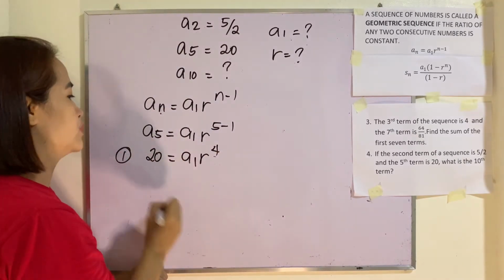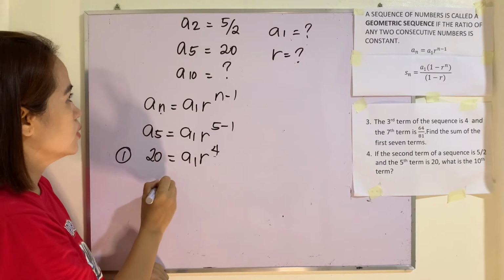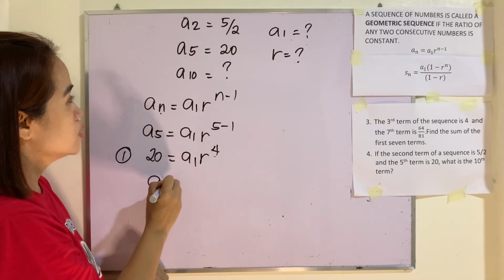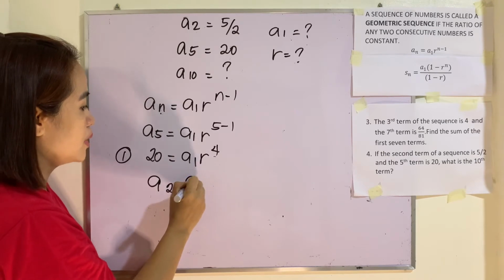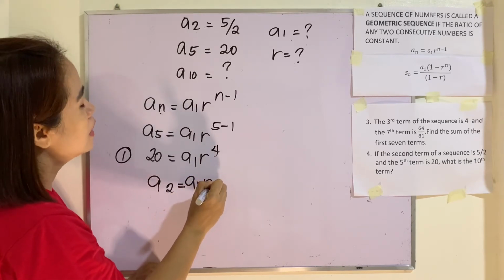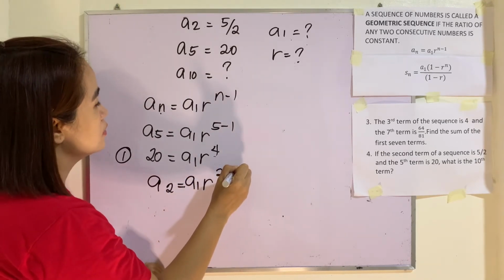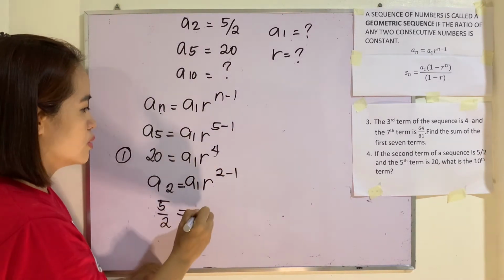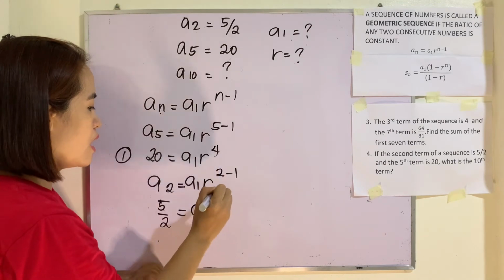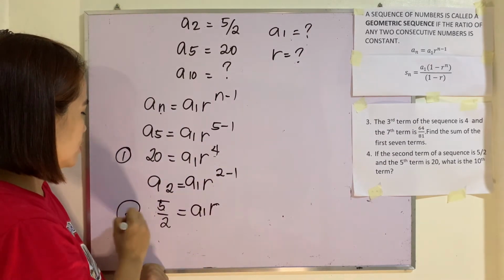Equation 1. Our equation 2, you have a sub 2, equivalent to a sub 1 r raised to 2 minus 1. So 5 over 2 is equal to a sub 1 r. This is equation number 2.